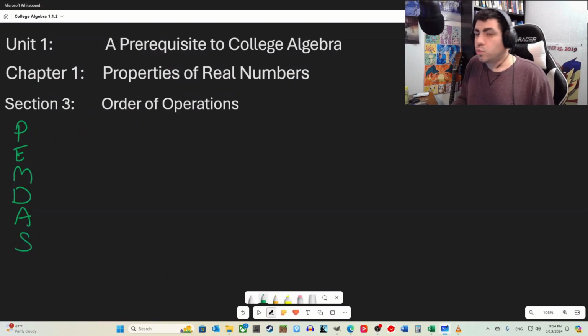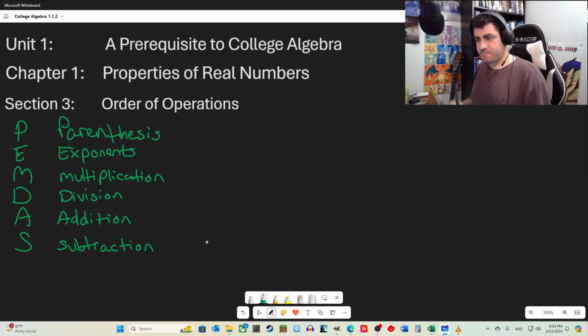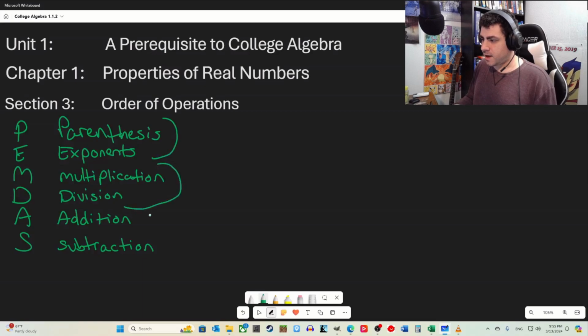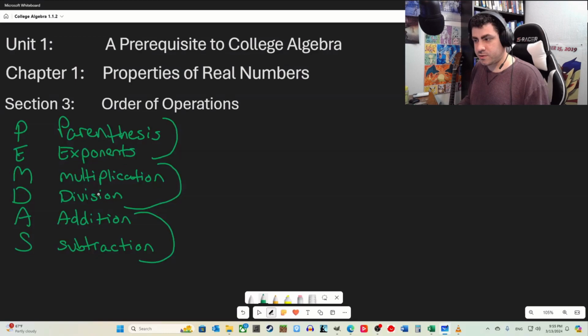PEMDAS really means parentheses, exponents, multiplication, division, addition, subtraction. Think of it as 3 sets of 2s. Normally, you would do these sets at the same time. You would do parentheses and exponents together, then multiplication and division together, and then addition and subtraction together. So, let's start at the very top.